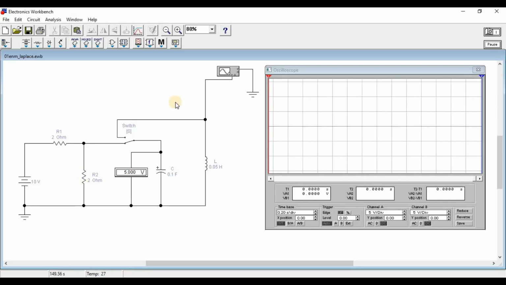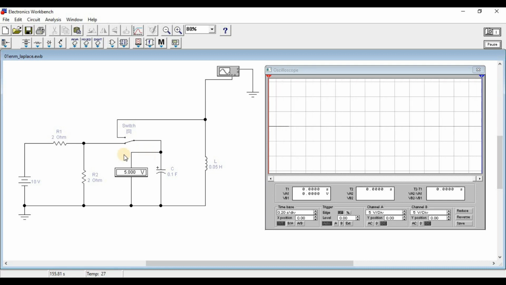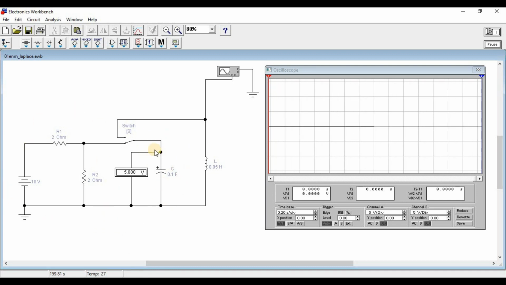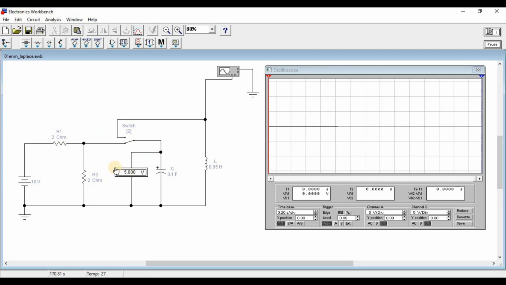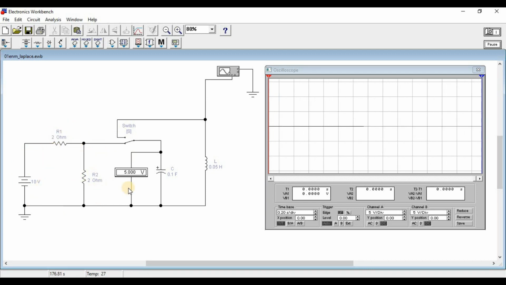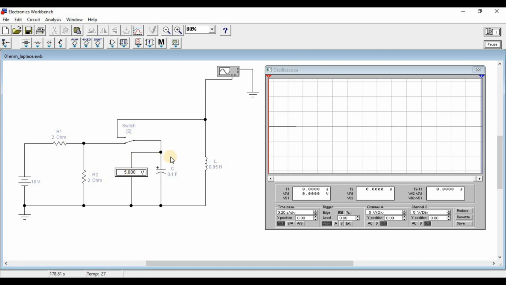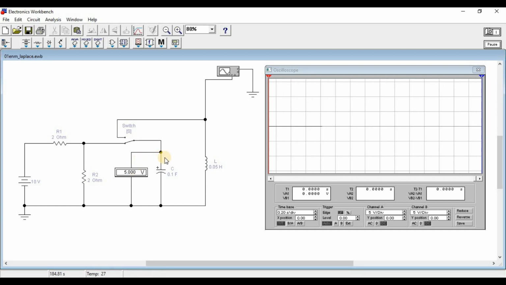This is our simulator, the Electronics Workbench, and I have already wired the circuit here, and as we can see, the capacitor is still connected to the source voltage via R1 and R2, and I have also installed a voltmeter across the capacitor to monitor its voltage.